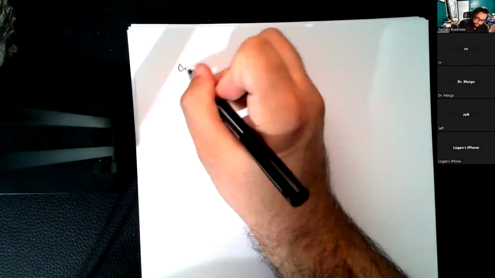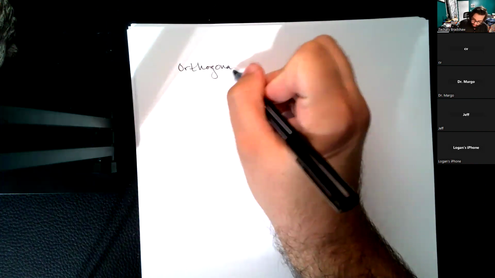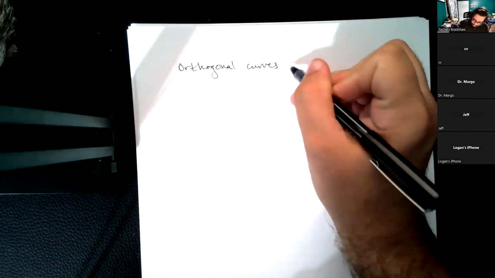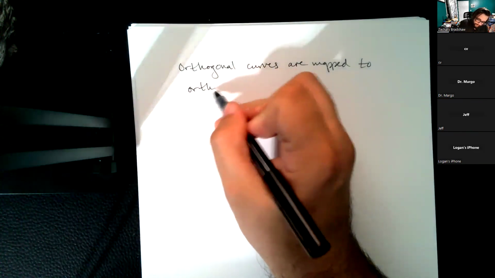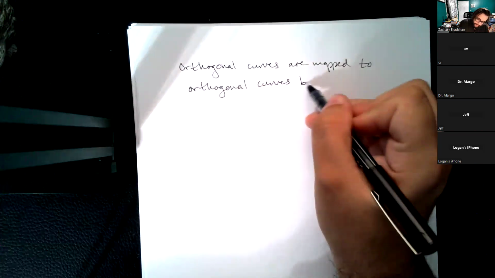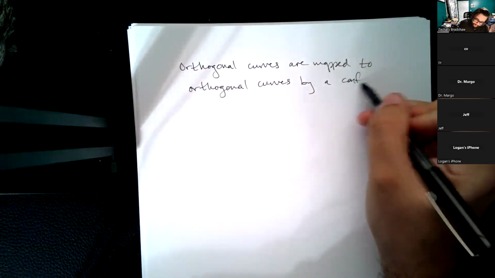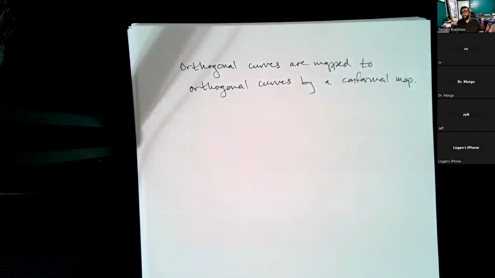Okay, so here's an important point. Orthogonal curves are mapped to orthogonal curves by a conformal map. We like orthogonal curves because they make up things like our coordinate systems, right?